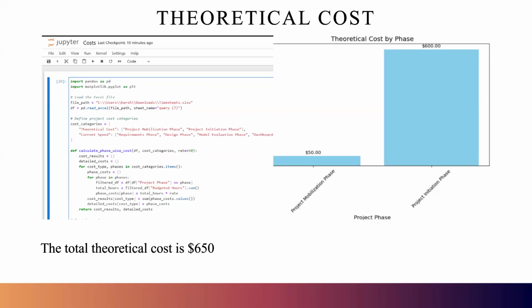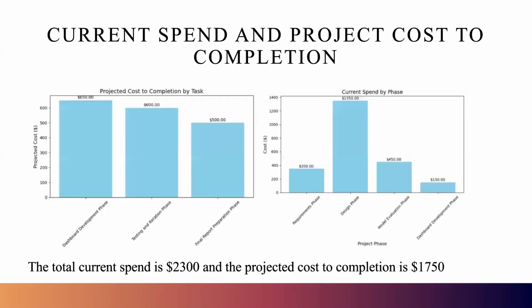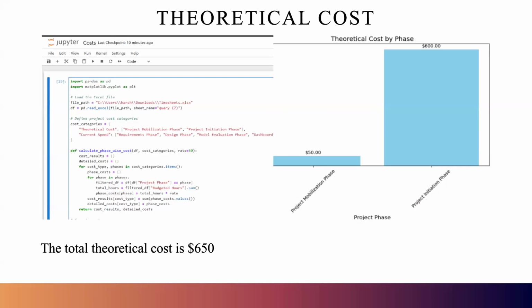As you can see, the labels indicate values $50 and $600. So the theoretical cost is calculated as $650, which is also displayed at the bottom, as you can see.